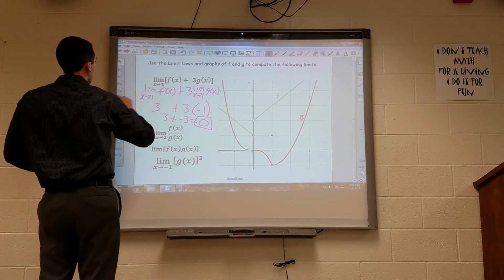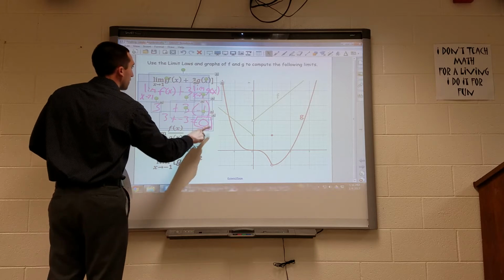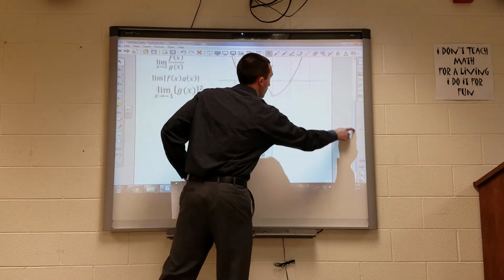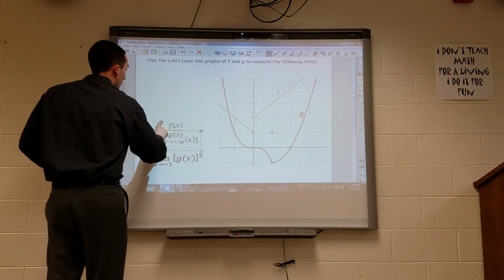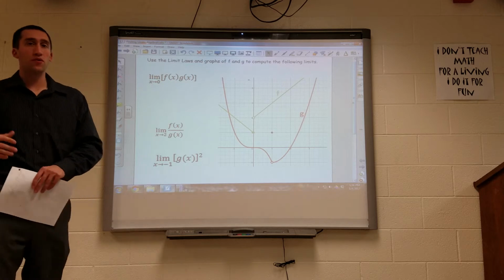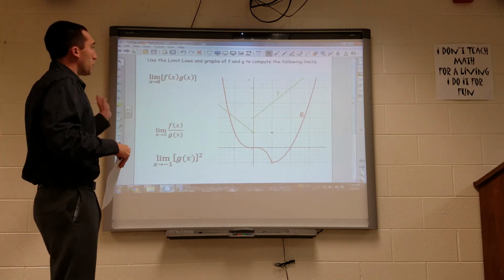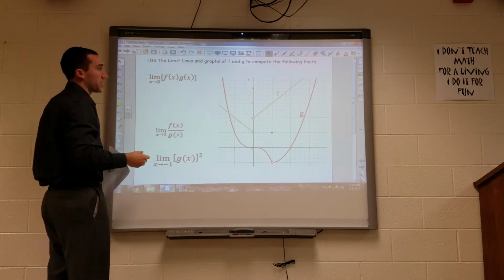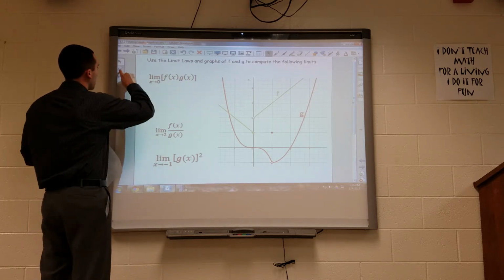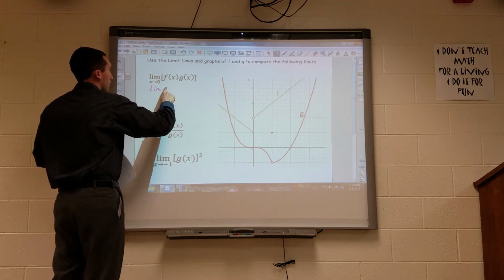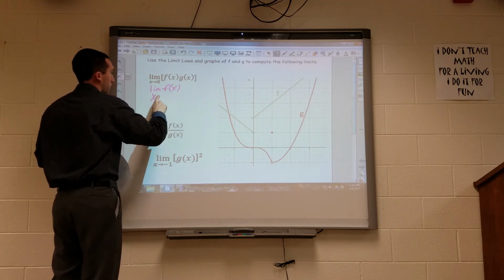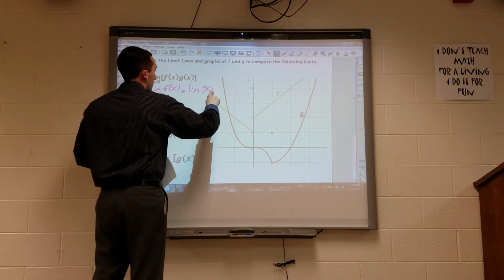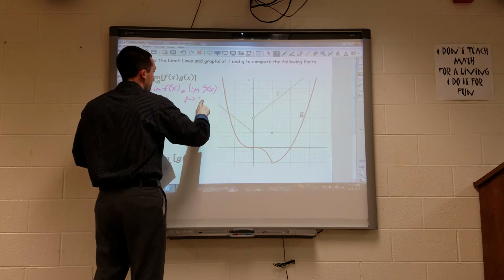Okay, let me go ahead and move this down. For the second limit they wanted, we're going to have to use the product rule. So we're allowed to pull these 2 limits of function f and function g and then multiply the limits of each. So that gives me the limit of f of x as x approaches 0 times the limit of g of x as x approaches 0.